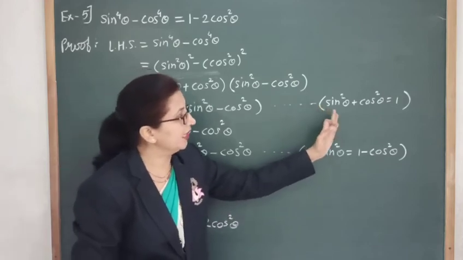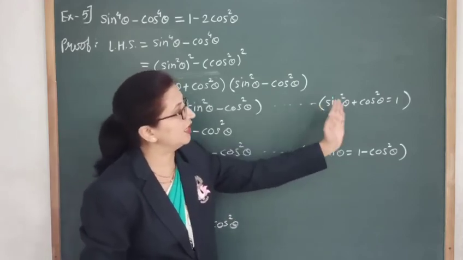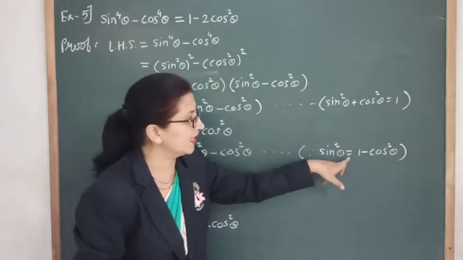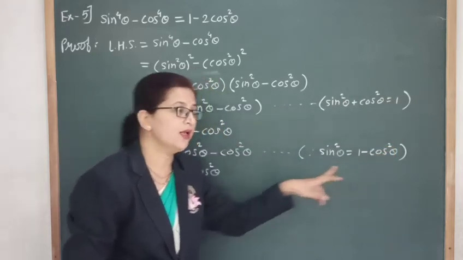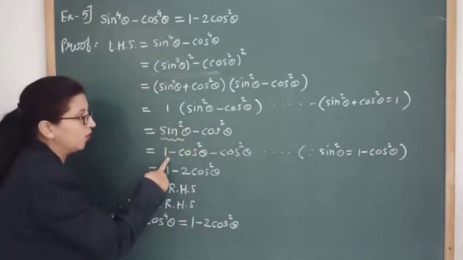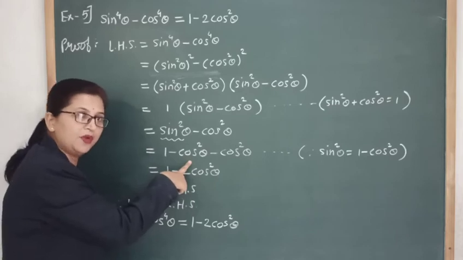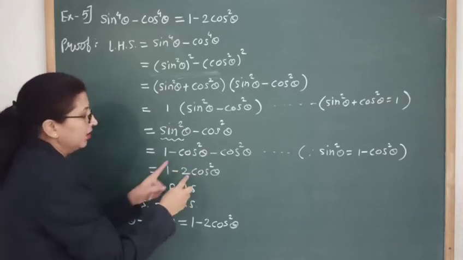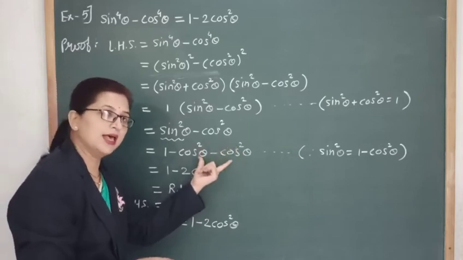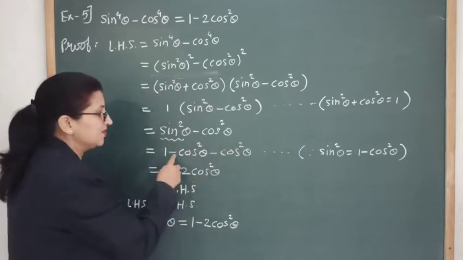Okay. So here, let's transform this to cos square theta. So what do we get? Sin square theta is equal to 1 minus cos square theta. So here this sin square theta we replace by 1 minus cos square theta. Okay. So here this cos square theta and this cos square theta are like terms, that's why same sign addition.